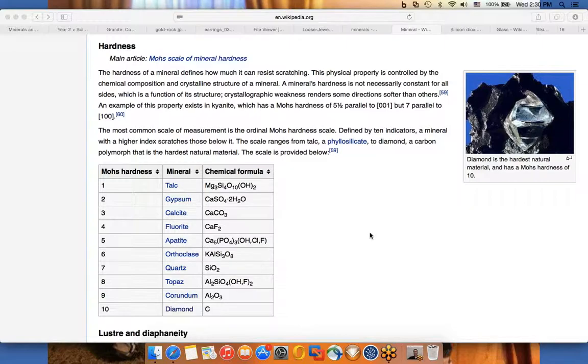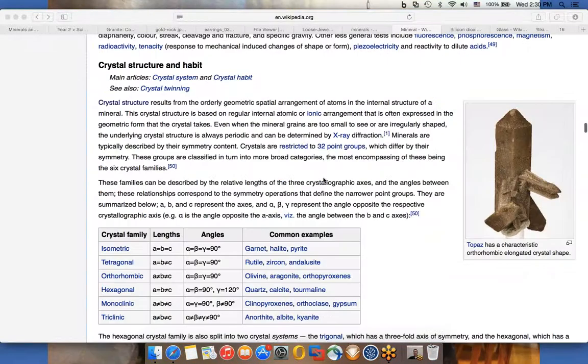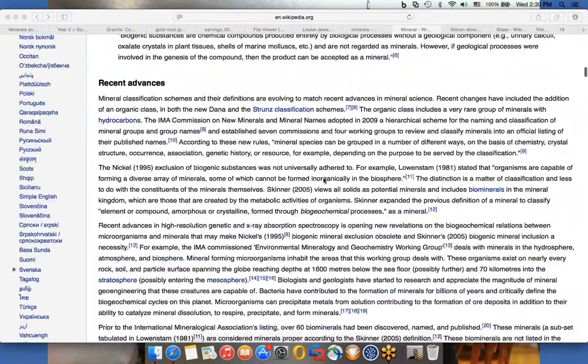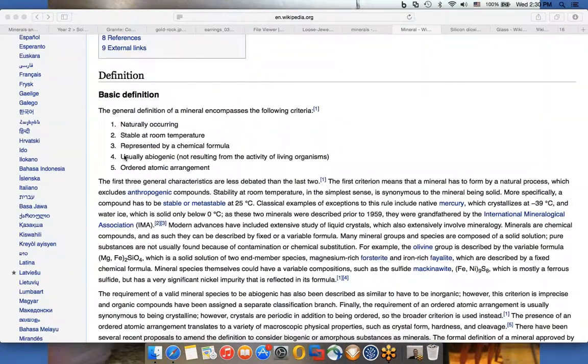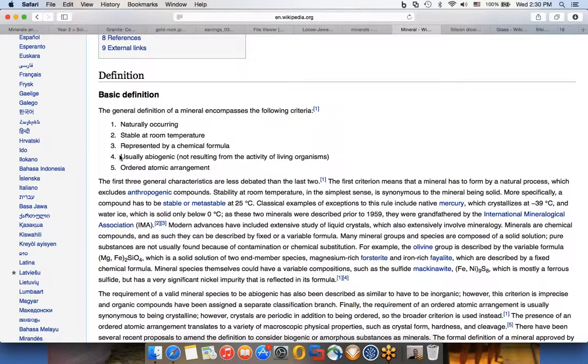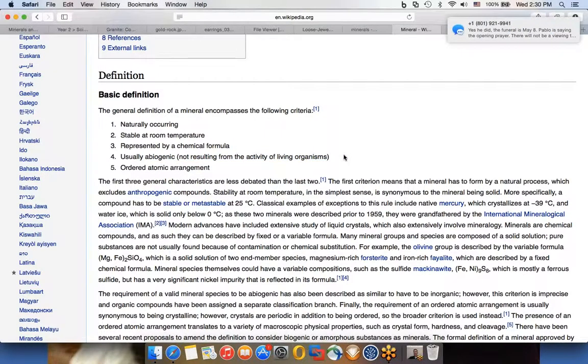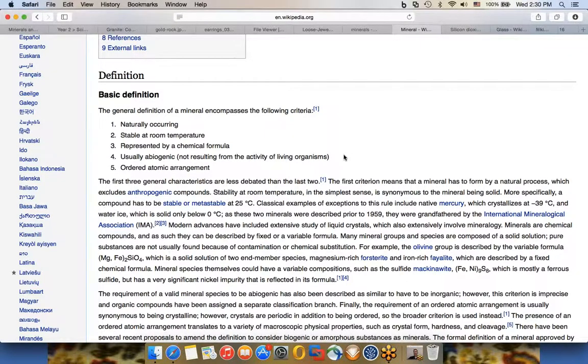Remember that when we talk about minerals, one of the characteristics is that usually minerals are abiogenic, so they are not created by living organisms. A lot of organisms use carbon. We are all carbon based.